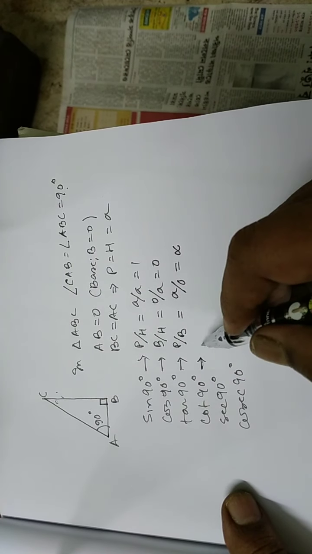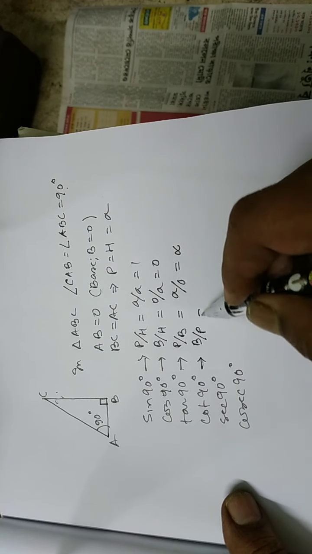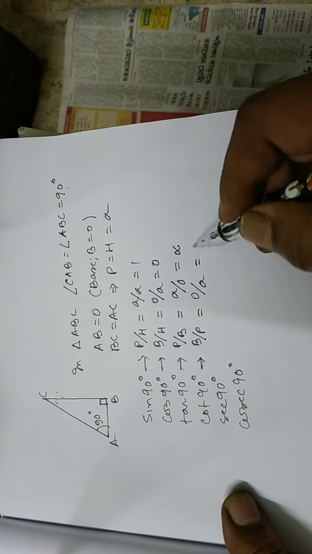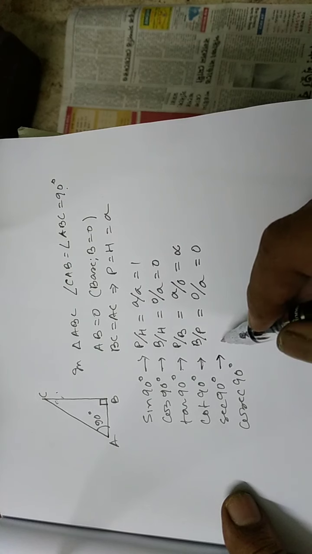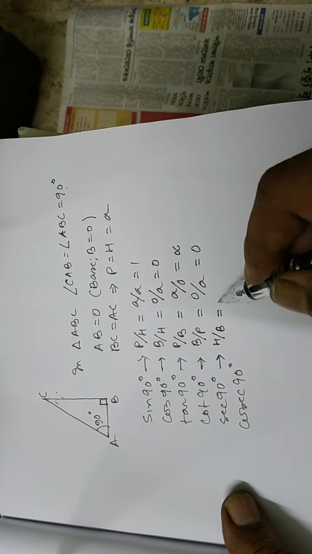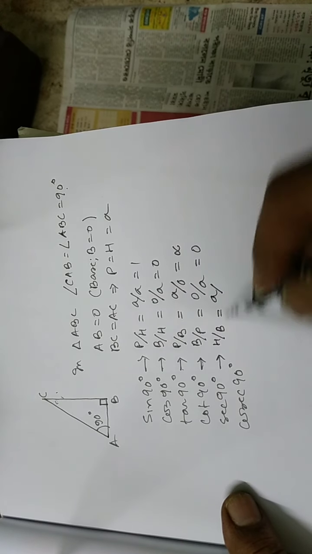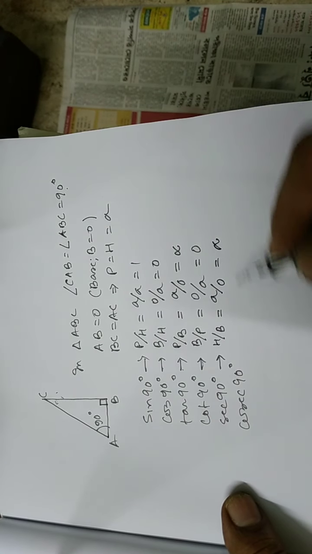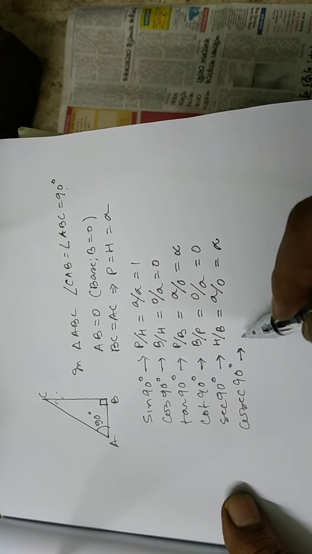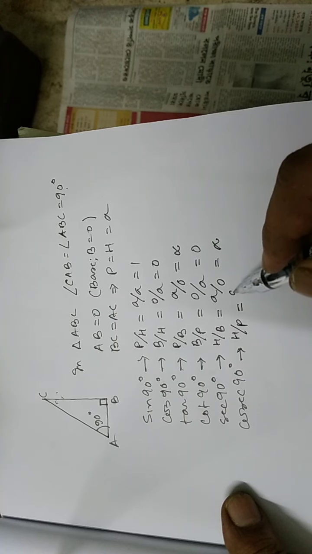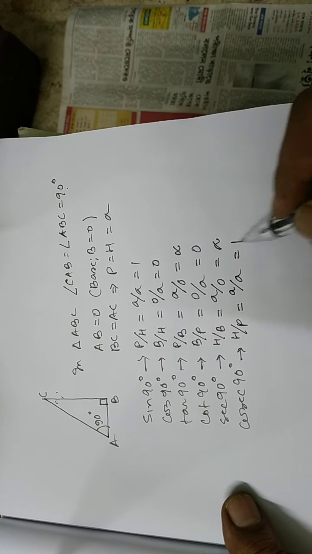Cot 90 degree, B by P, base 0, perpendicular A, 0. Sec 90 degree, H by B, hypotenuse A, base 0, undefined. Cosec 90 degree, hypotenuse by perpendicular, hypotenuse is A, perpendicular is A, that is 1.